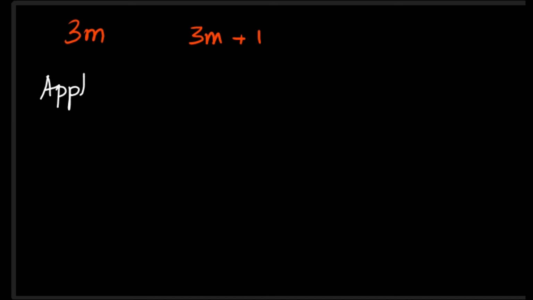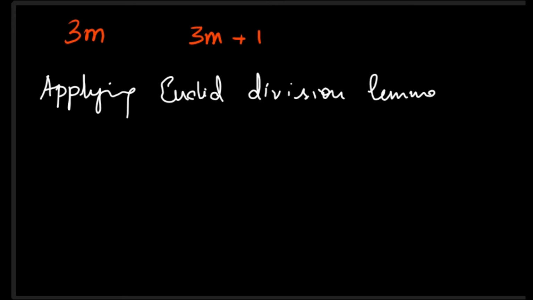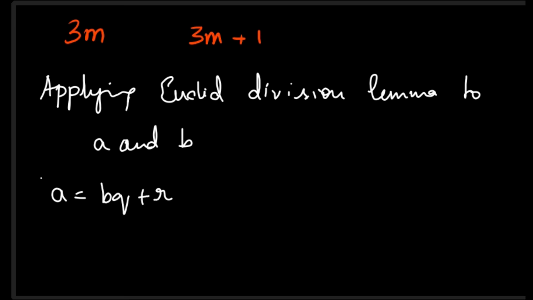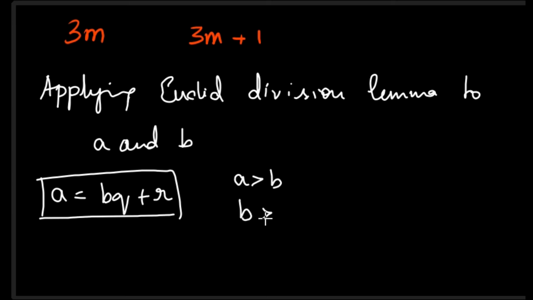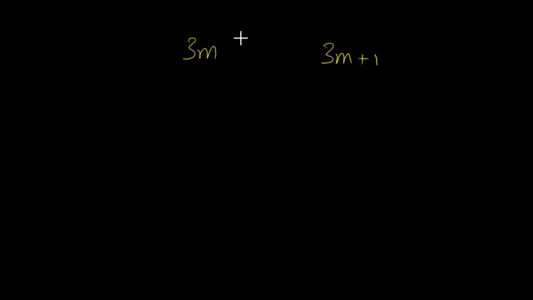Applying Euclid division lemma to A and B, A equals bq plus r, where A is greater than B, B is greater than R is greater or equal to 0. अब हमें ये दिया गया है 3m and 3m plus 1.